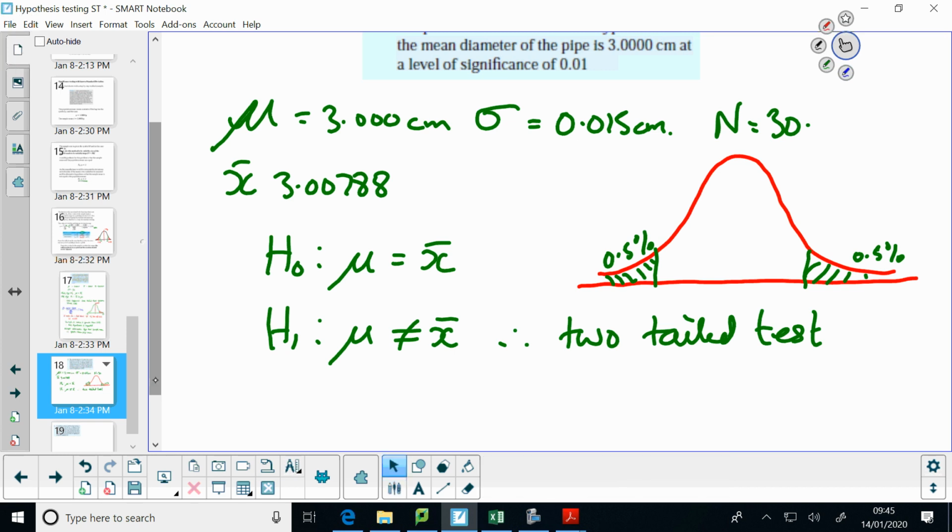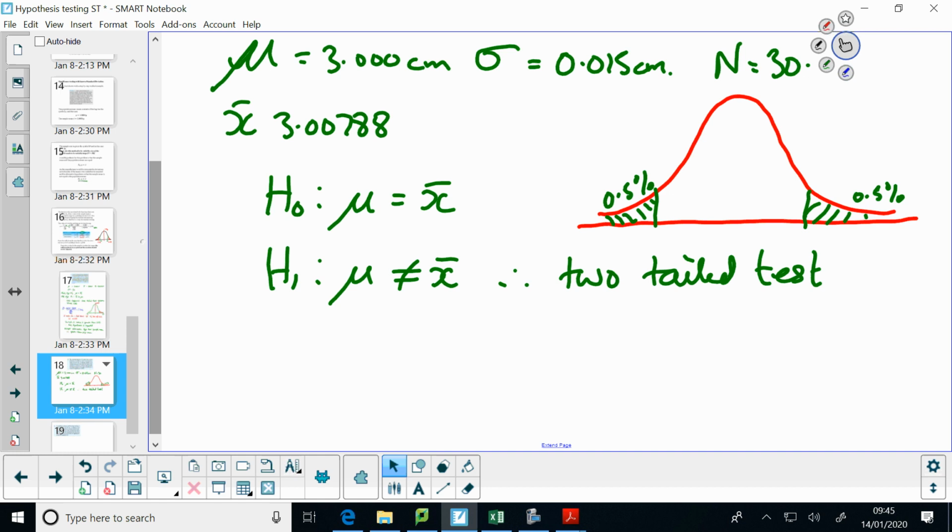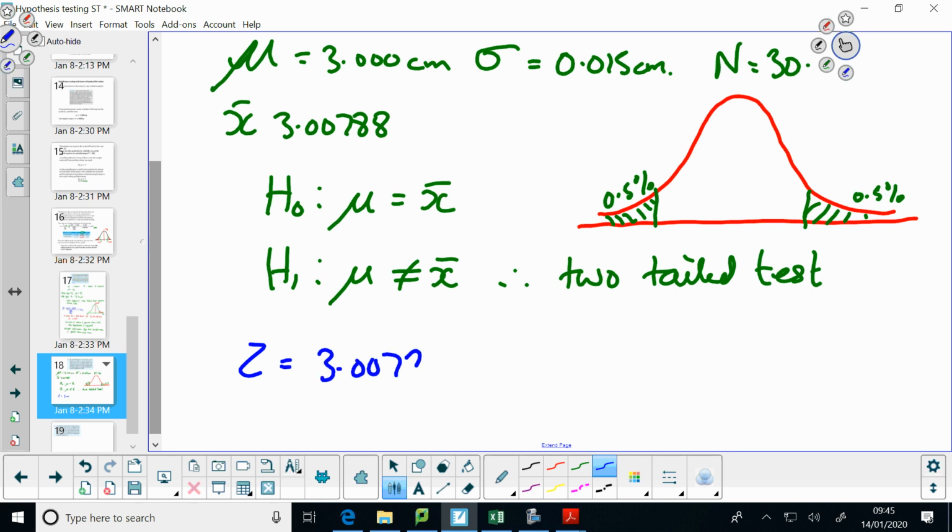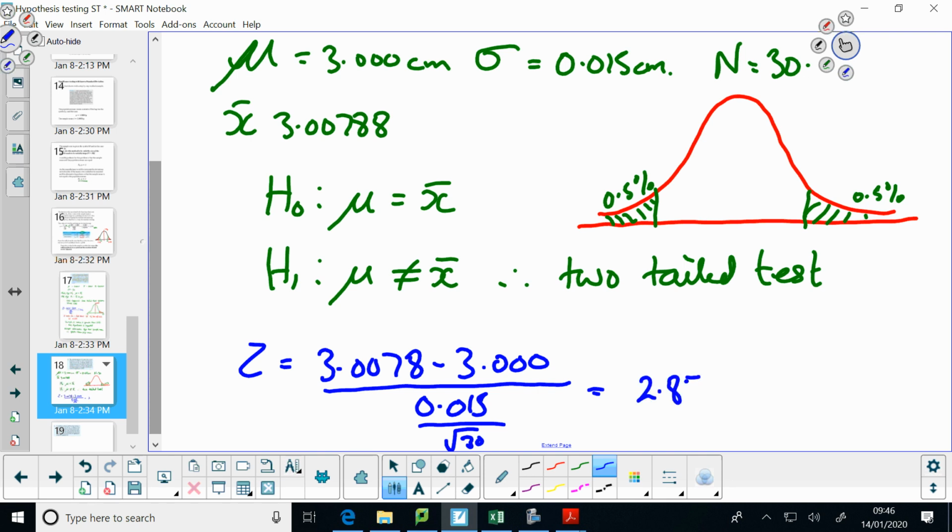Okay? And then that's just like before, so we find our Z value, which is 3.0078 minus 3, all over 0.015 divided by root 30. Should have got 2.85, plus or minus, yeah.